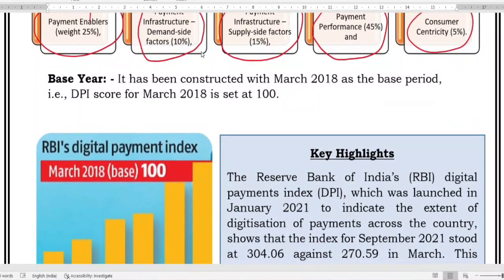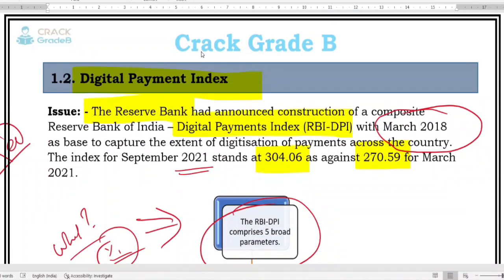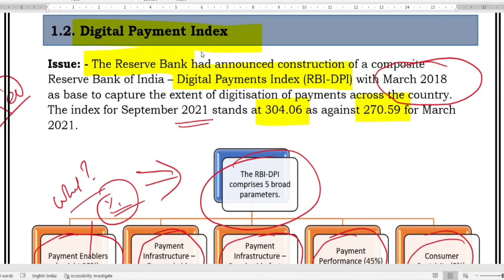Let's move forward. So base year, you have seen, is March 2018. The base year has been set at 100. So in March 2018, the score was 100. They have assumed it, and now the score of 304.06 in September 2021 shows an increase. If you want to calculate the percent, you can easily do that, right?